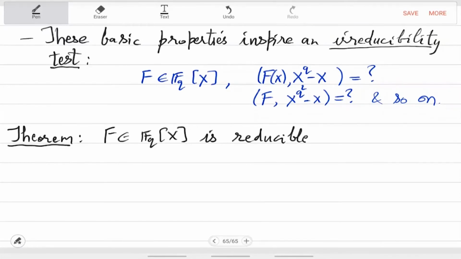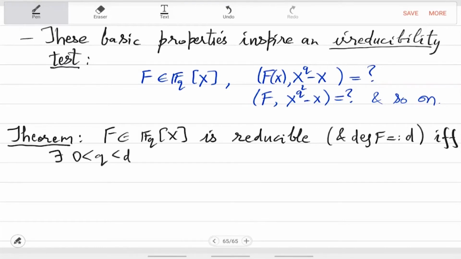So big F factorizes, say its degree is d, if and only if there is some I such that the GCD of big F with x to the q to the I minus x, and GCD with respect to the variable big X, both of them univariates over the underlying finite field, you compute the GCD and this should not be 1.